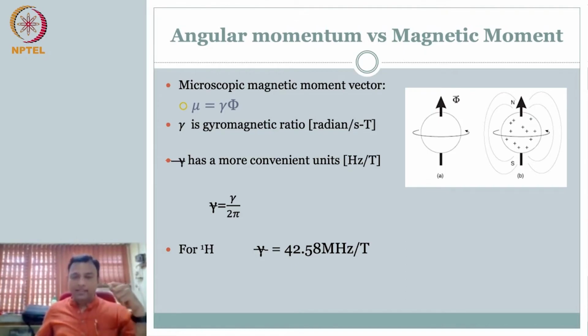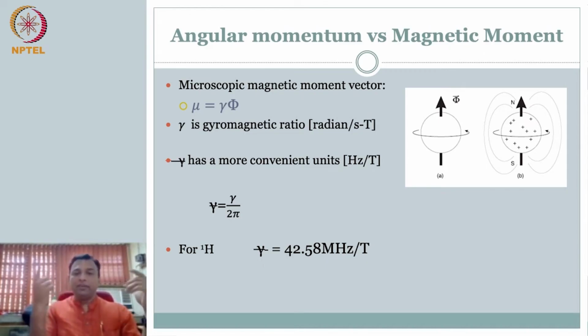What this means is, if I put you in a 1 Tesla scanner, the hydrogen nuclei in your body have a frequency, converted to natural hertz, of 42.58 megahertz. I'm hesitant to use a name for it because we'll introduce the terminology of this gyration frequency in the next slide, okay?